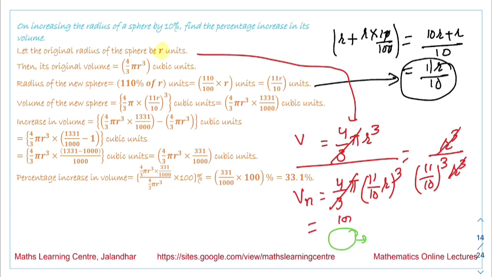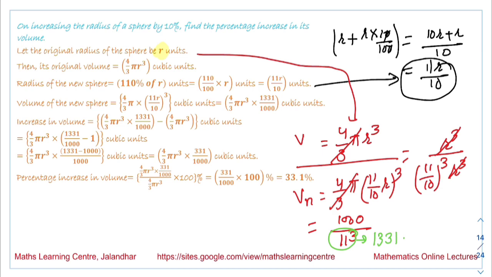So it is equal to 1000 by 11 cube. The value of 11 cube is 1331. This is the ratio of the two volumes.